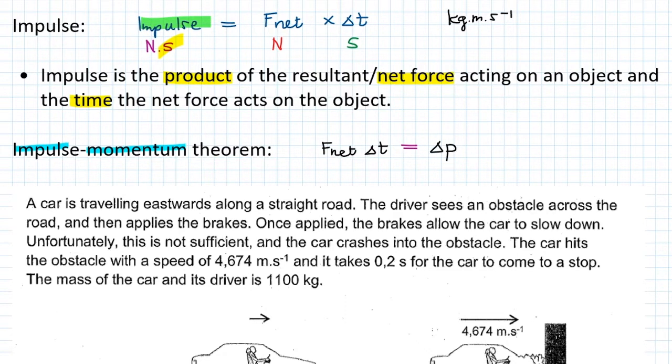This is the impulse-momentum theorem, and you can find it on your formula sheet. Please don't forget that the change in momentum is equal to the final momentum minus the initial momentum, and we can say this is equal to mass times v final minus v initial. So either version of this, you're of course going to start off by writing down this formula as it appears on your formula sheet, but you can expand the right-hand side of the formula.